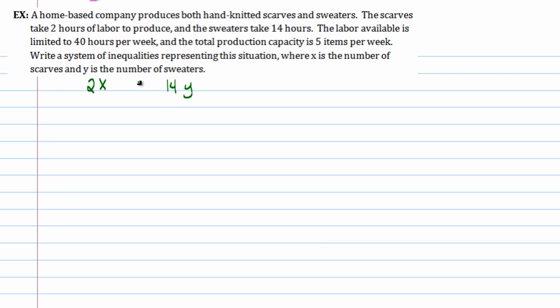And we know that the sum of this time, the time that I take making scarves and the time that I take making sweaters, needs to be less than or possibly equal to 40. We're limited to 40, so we can go all the way up to 40 hours per week, but we can't go any more than that.